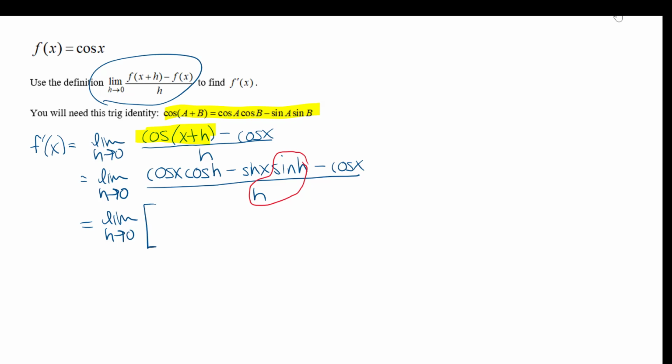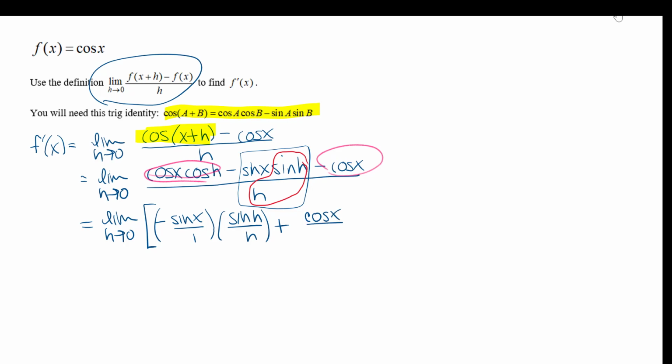Okay, so this, I'm going to separate that whole term, that minus sine x sine h all over h. So I'll have minus sine x over 1 times sine h over h, and then plus, and then on the other two terms that I have here, so that would be the cosine of x cosine h minus cosine x, I can factor out a cosine x.